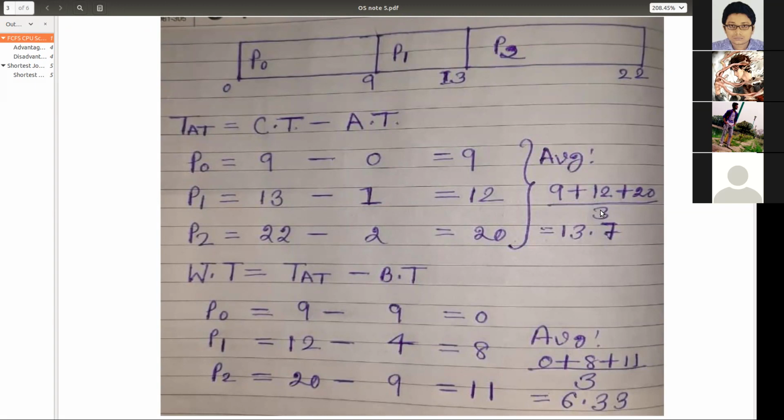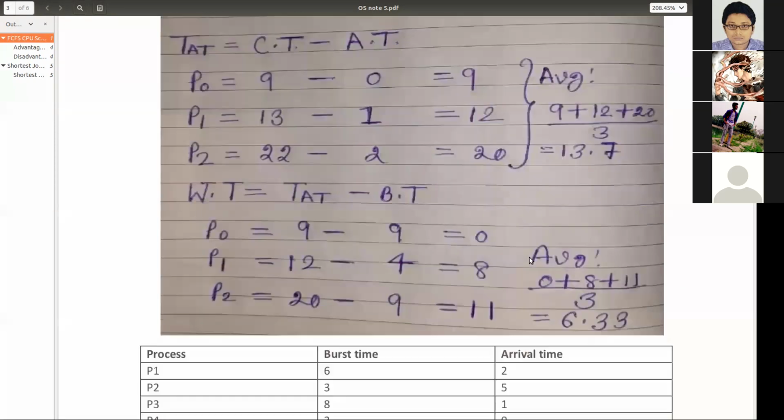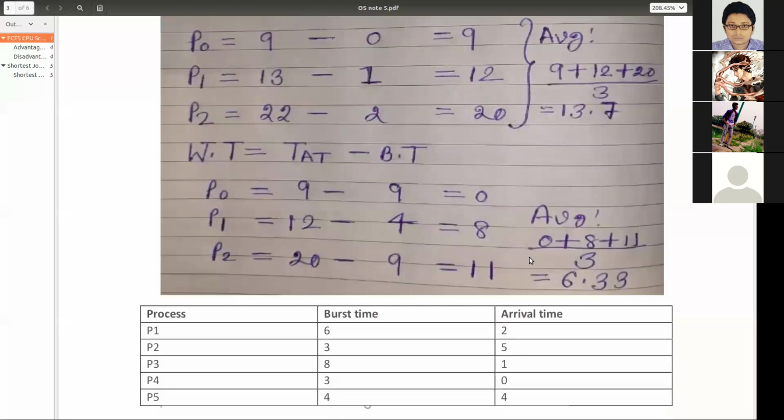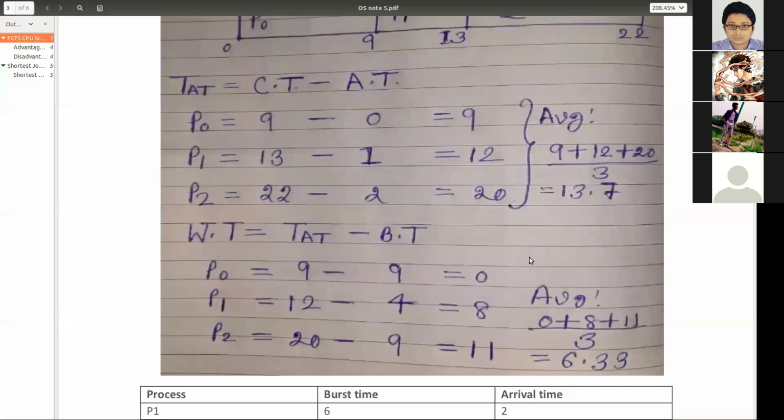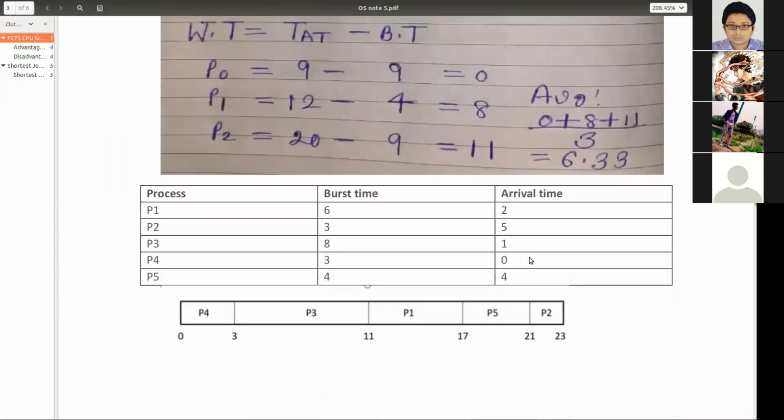If you take the average of these three, again you will get approximately 6.33 milliseconds, which is the average waiting time of this system. So up to this, it was our first come first serve, these two examples.